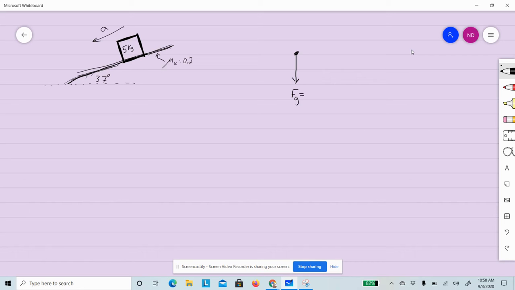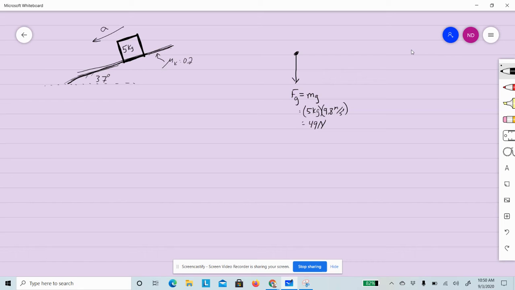The force of gravity is calculated by the mass multiplied by the acceleration of gravity, which is 5 kilograms multiplied by 9.8 meters per second squared on planet Earth. 49 newtons.